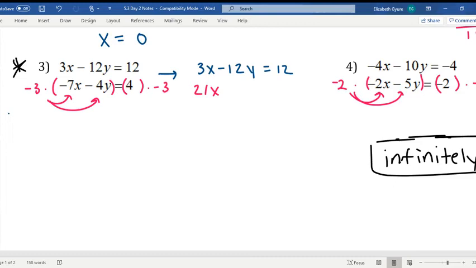You there, Olivia? What is -3 times -4y? All right, maybe Olivia stepped away from her computer. Mason B. Oh, thank you, Olivia. Just saw that you chatted. Yep, it would be positive 12y. Make sure we don't forget our variables. And then 4 times -3 would be -12.